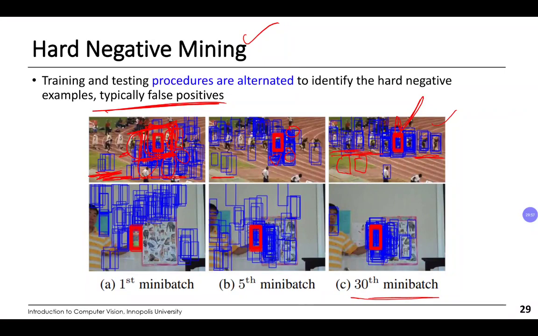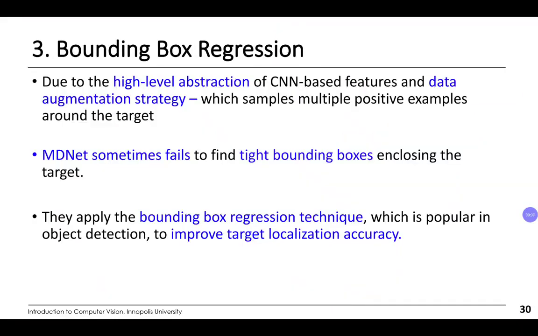Similarly here, I just made things a little messy to explain. I'm not going to write anything here, but you can see in the first mini batch, this is the object that you want to track. After the fifth mini batch, most of the things are here, and now most of the things are here. So these kinds of false positives give a nicer intuition to train the MDNet, and this was a very nice idea to get rid of the false positive examples.